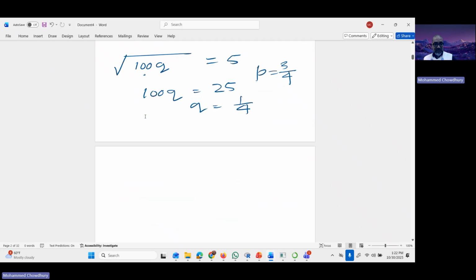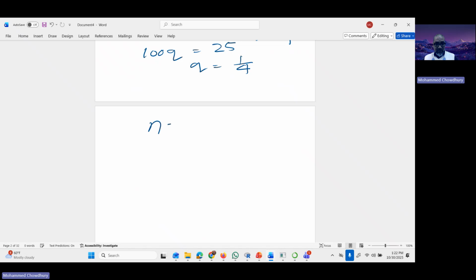So I can write here our n equals 133 and our p equals 3 over 4.